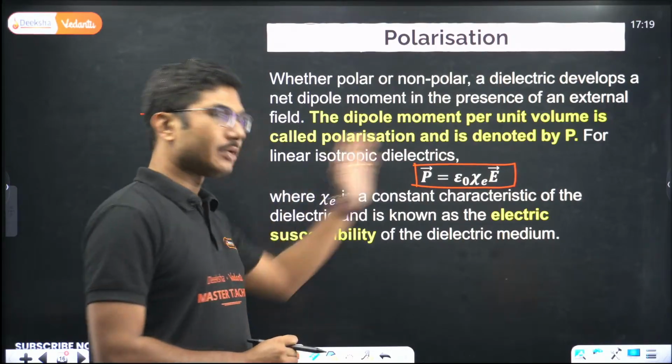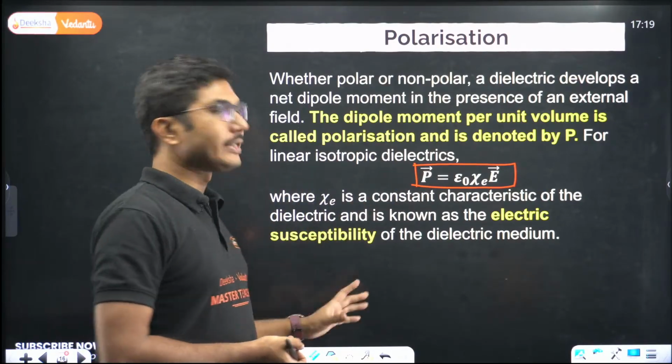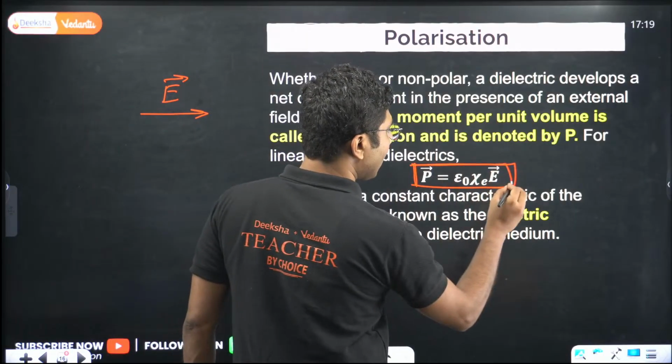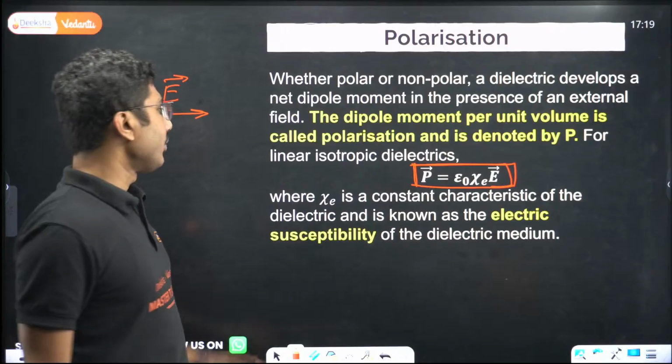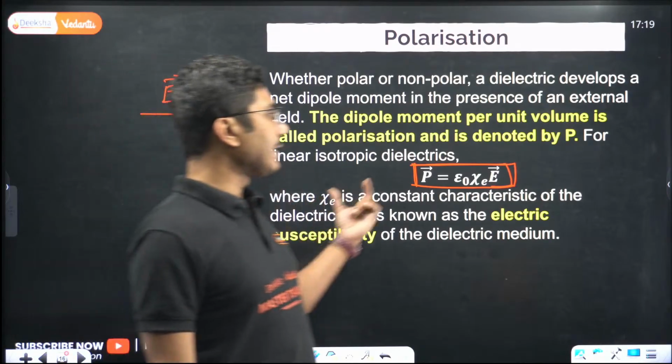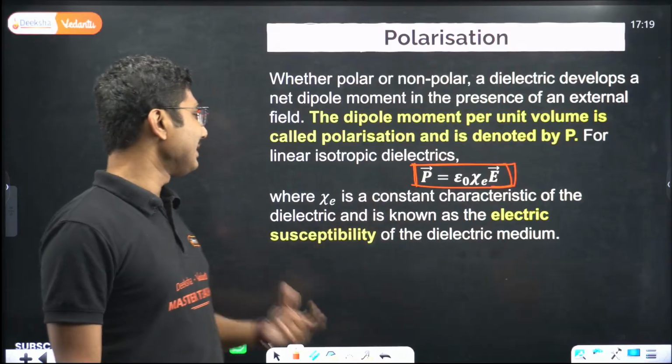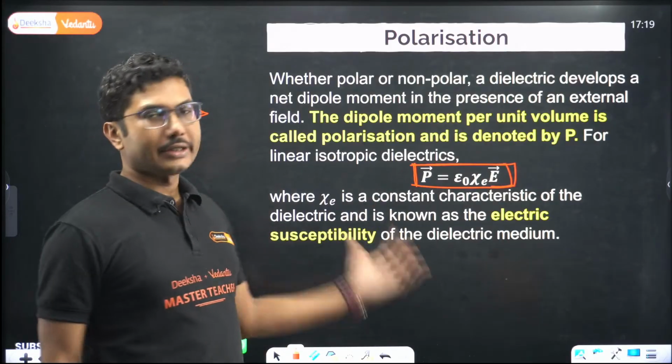Whenever polarization happens, you can calculate the net polarization with this formula. A formula-based question I think came once, where chi is a constant characteristic of the dielectric and is known as the electric susceptibility for the dielectric medium.